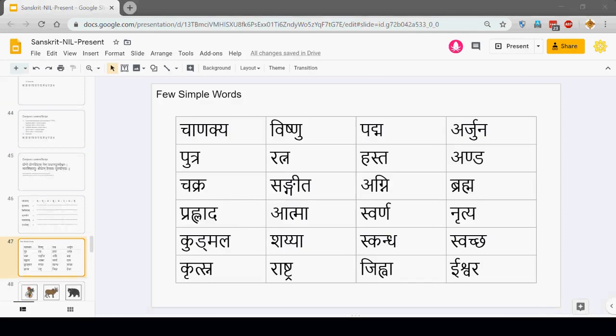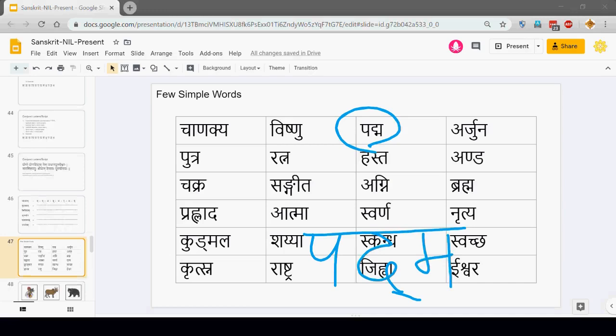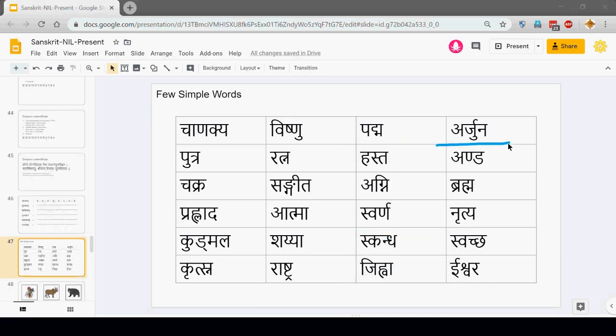What will be the pronunciation for the word here? Padma. Yes, Padma. So the writing is pa, then the consonant da without any vowel, then ma. Padma. Okay, next one.